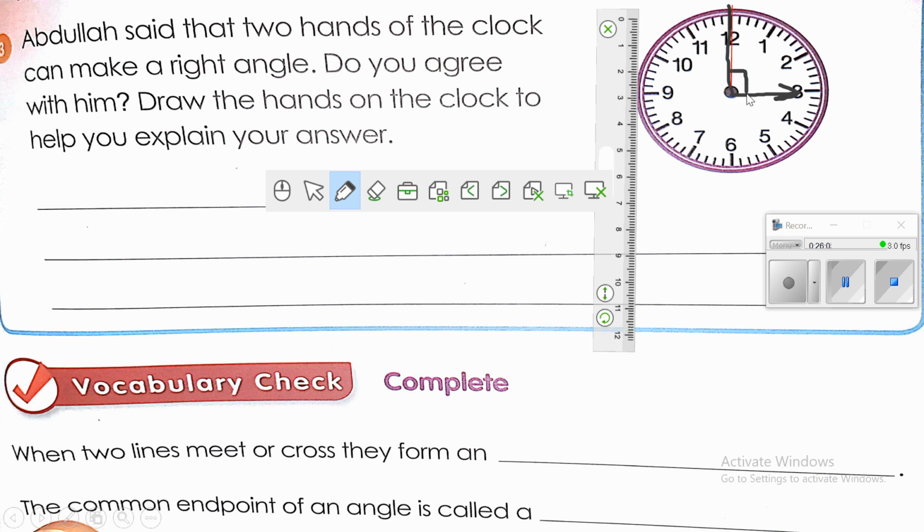So if this is the minute hand and this is the hour hand, can I make a time with the right angle? Yes. What is the time here? 12 and 15 minutes. Or if this one is the minute hand and this one is the hour hand, this will be 3 o'clock. So the answer is yes.